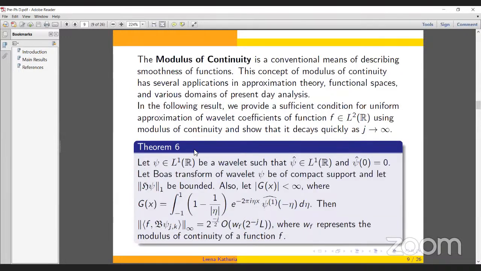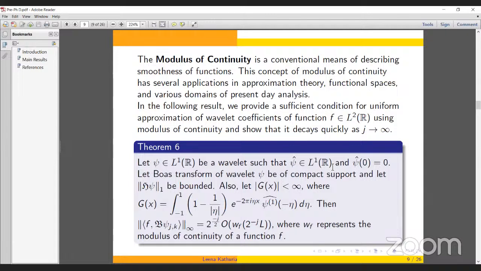Next, the property of modulus of continuity is used, which is again used to describe the smoothness of the function. The result is here in the form of Theorem 6, where we have provided a sufficient condition for uniform approximation of wavelet coefficients of a square integrable function using modulus of continuity. So we have taken an integrable wavelet such that its Fourier transform is also integrable and vanishes at 0.